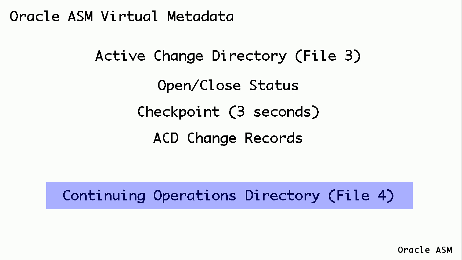In a RAC environment, if one ASM instance crashes, the surviving ASM instance can restart the disk group rebalance operation based on the Continuing Operations Directory entry. If an ASM file create operation fails before the database commits the file creation, the ASM instance can roll back file allocations based on the Continuing Operations Directory entry.